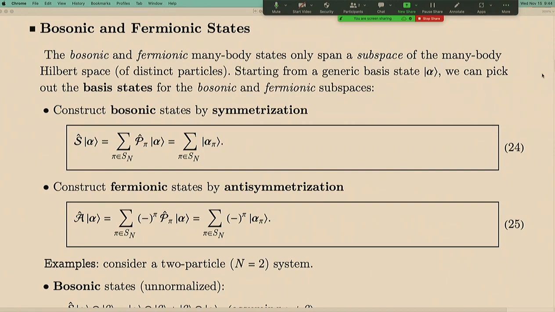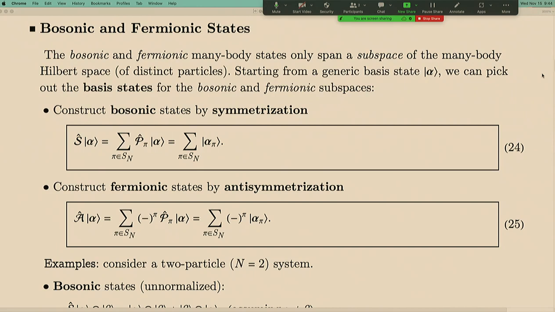There are n factorial possibilities here, and if you sum over them, you obtain a basis state. I'm not talking about the wave function yet, I'm talking about the basis state. You can construct a basis which is symmetric under permutation.